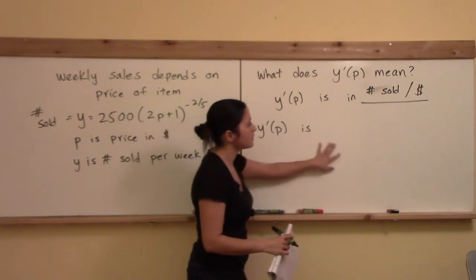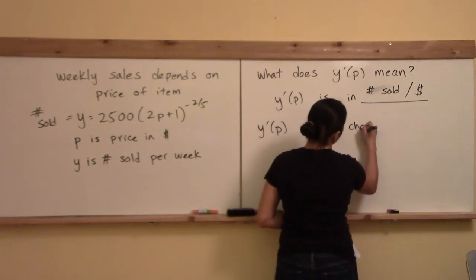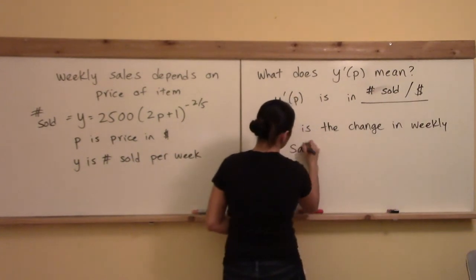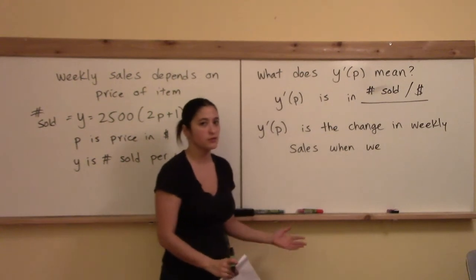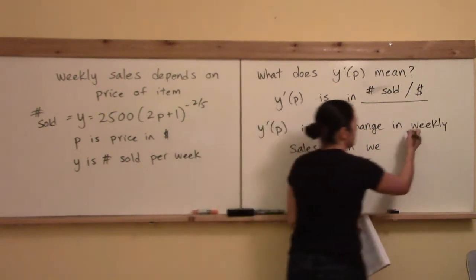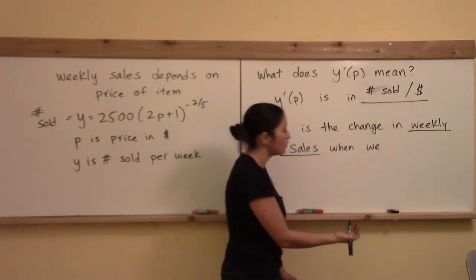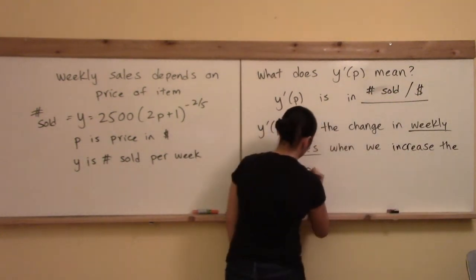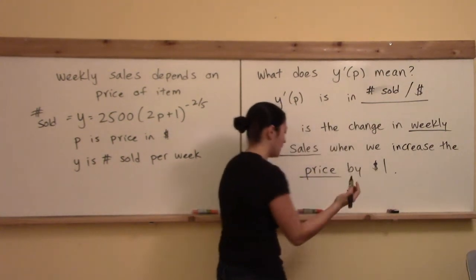Y prime is the change in the amount sold, so it's the change in the weekly sales when we, and this pattern's always the same for whatever you're doing, the derivative is the change in the y variable. Change in the y variable when we increase the x variable by 1. So when we increase the price by $1.